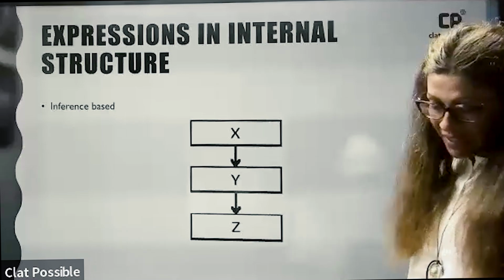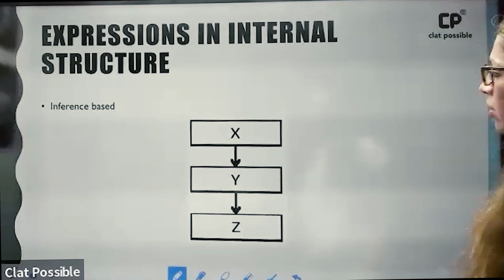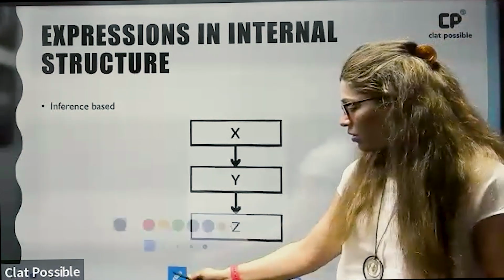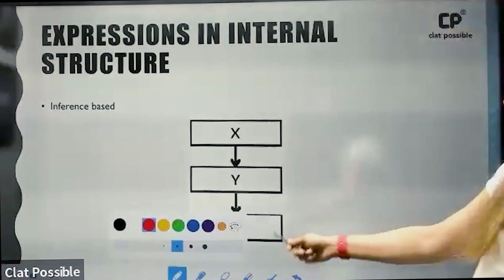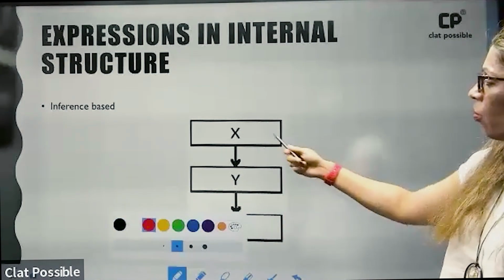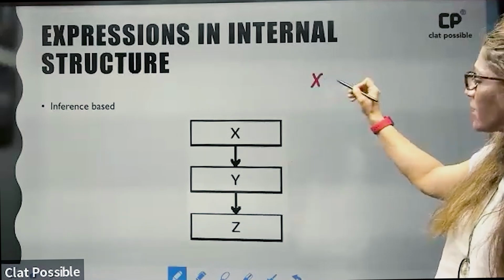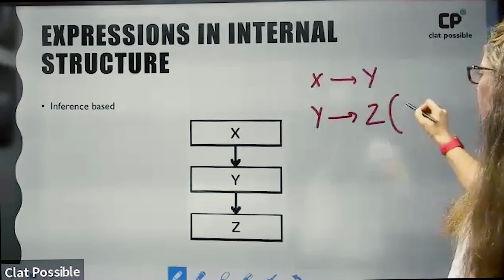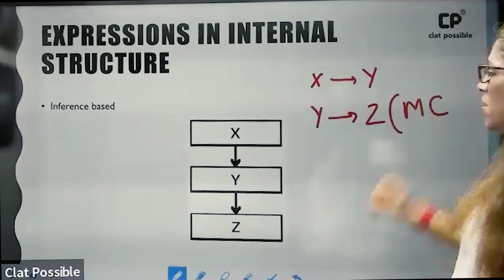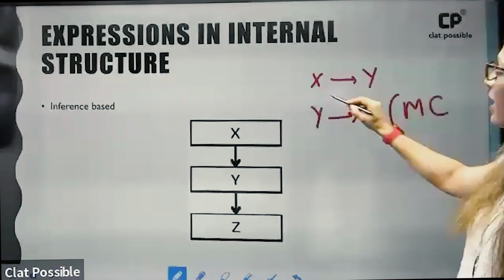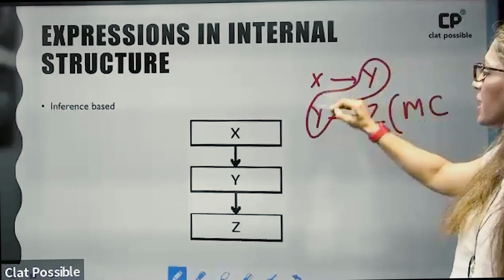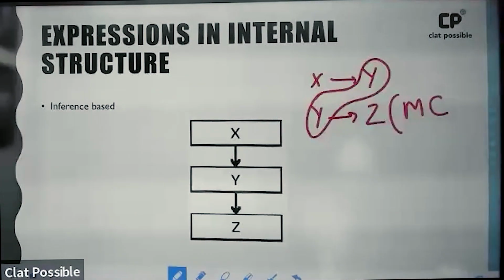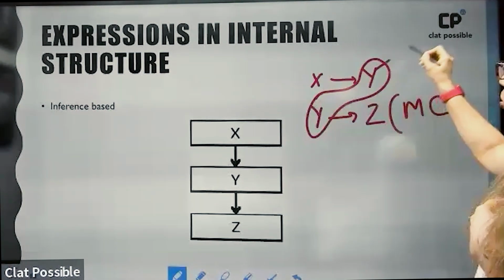This inference-based pattern says that the argument follows something of this outcome, where you have X leading to Y and then Y leading to Z. And if Z is the main conclusion, then there is this intermediary between X and Z. So what is this intermediary? What is the role of this intermediary? And am I thinking this is my conclusion?